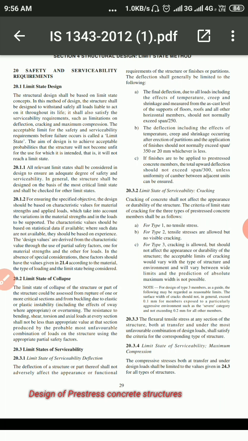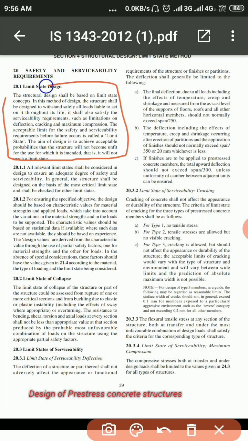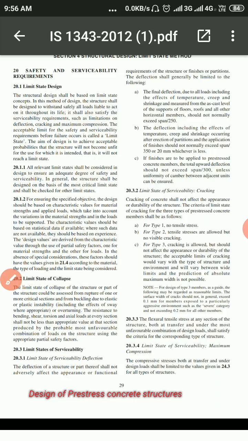It shall also satisfy the serviceability requirements such as limitations on deflection, cracking and maximum compression. The acceptable limit for safety and serviceability requirement before failure occurs is called a limit state. Just see this part. The basic idea behind this limit state design is explained here.